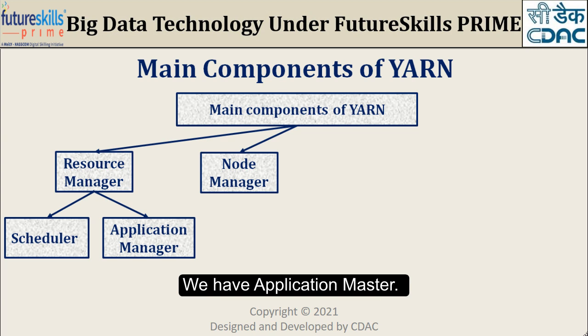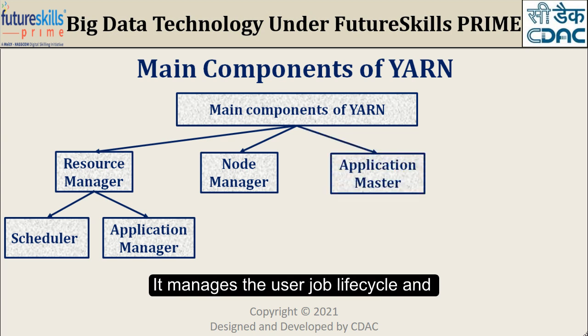We have Application Master. It manages the user job lifecycle and resource needs of individual applications. It works along with the node manager and monitors the execution of tasks. An application is a single job submitted to the framework.